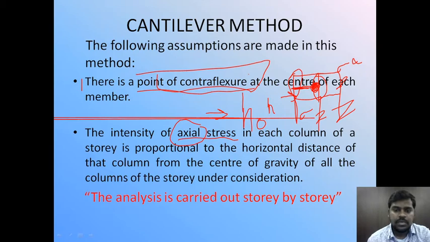And the most important aspect in this cantilever method is that the analysis is carried out story by story. In substitute frame method, a substitute frame was taken, and in portal method every joint is considered. And here the analysis is carried out story by story. That means first we analyze the topmost story, and next we go for the bottommost. Like that we will analyze.